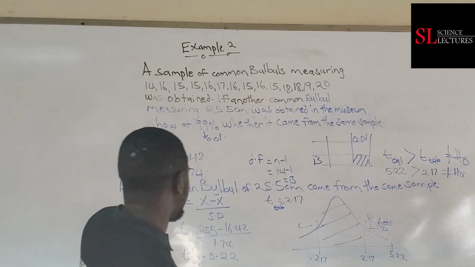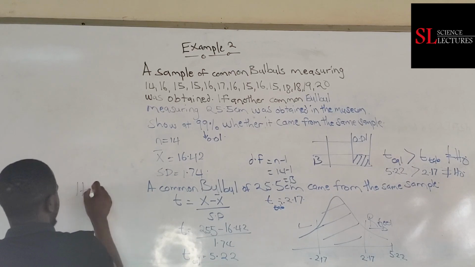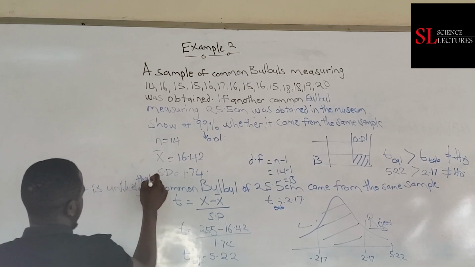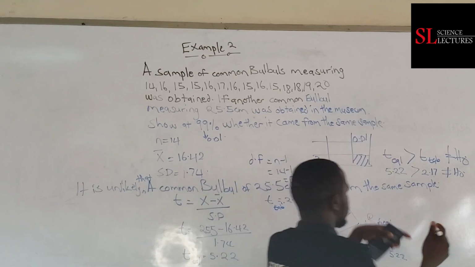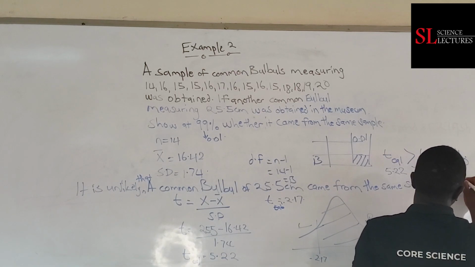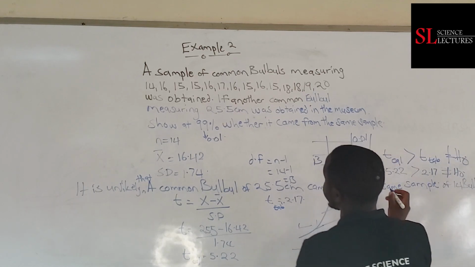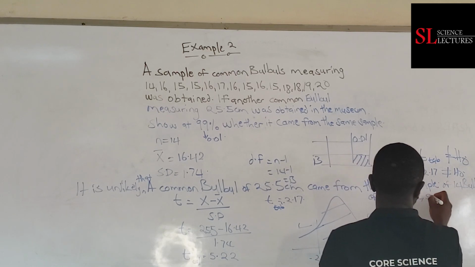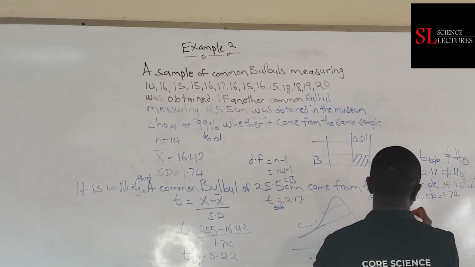I come back and I conclude it is unlikely that a common bulbul of 25.5 centimeters came from the same sample of 14 bulbuls with a mean of 16.42, standard deviation of 1.74, and t calculated of 5.22.